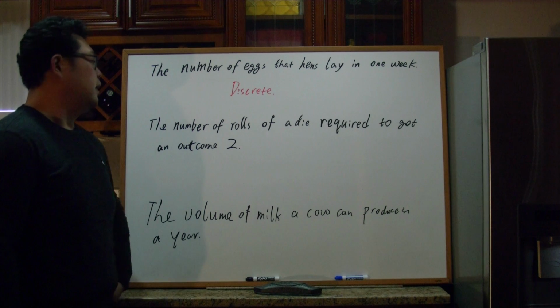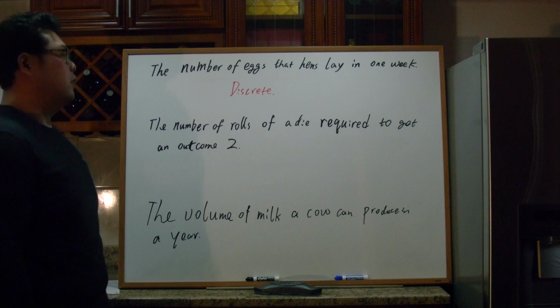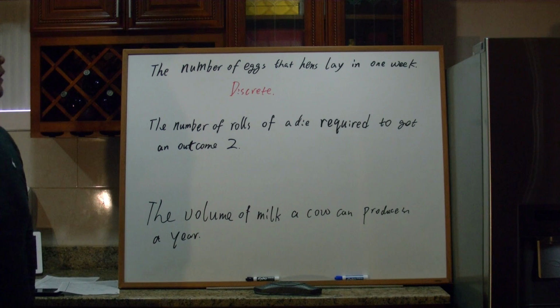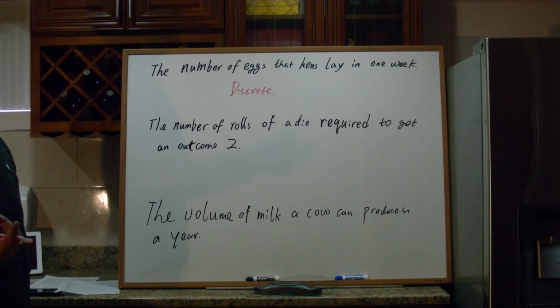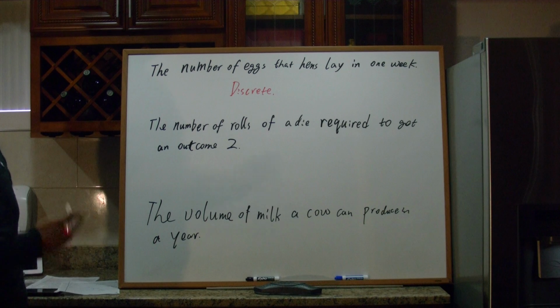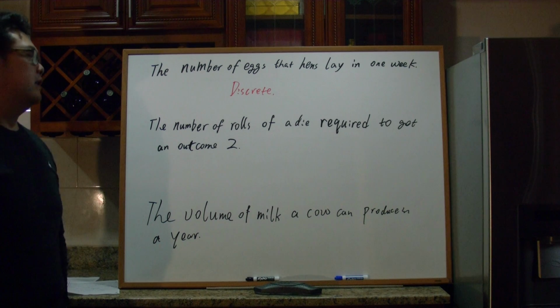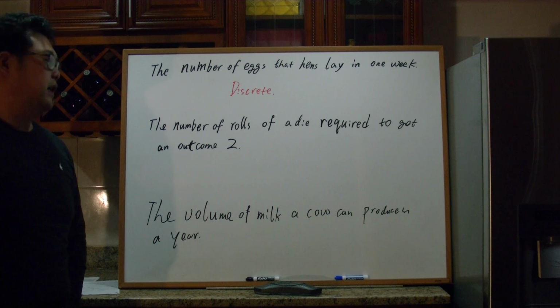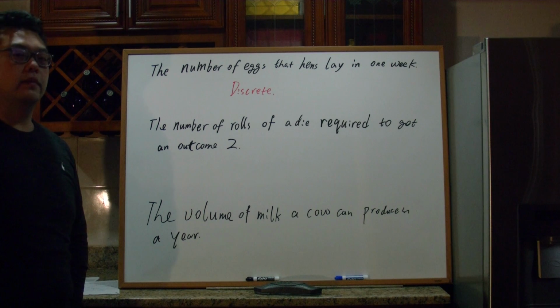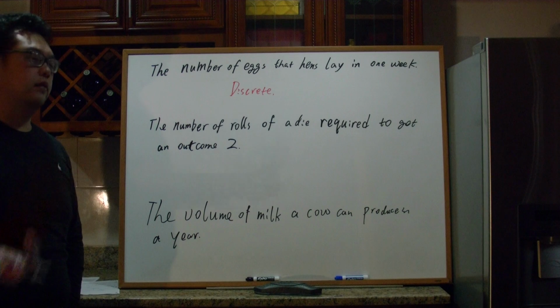And the second one, the number of rolls of a die required to get an outcome of 2. For someone lucky, the first roll may already get 2, so the number will be 1. If someone is not very lucky, maybe after 10 rolls of a die it could get an outcome of 2. The die has 6 sides, 1, 2, 3, 4, 5, 6.